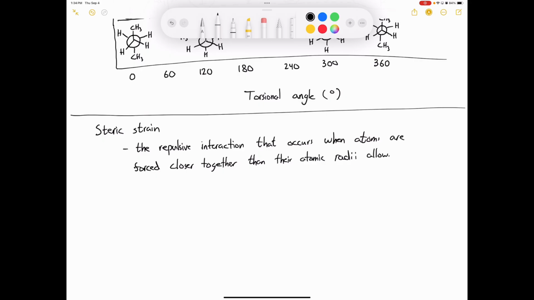Basically they get closer together until the point where they clash and can't get any closer. There's a special term for this called steric hindrance. This is another type of strain.